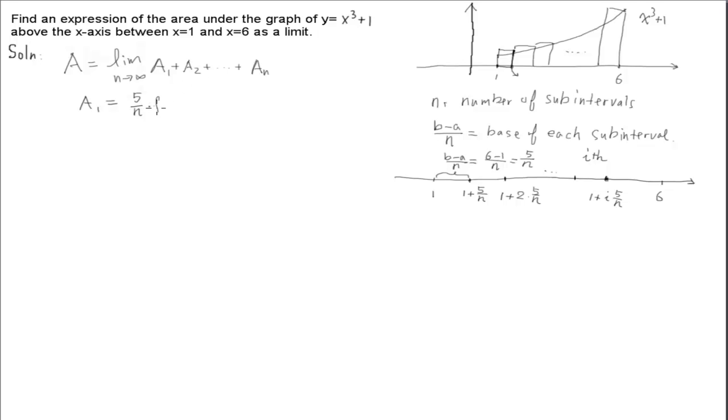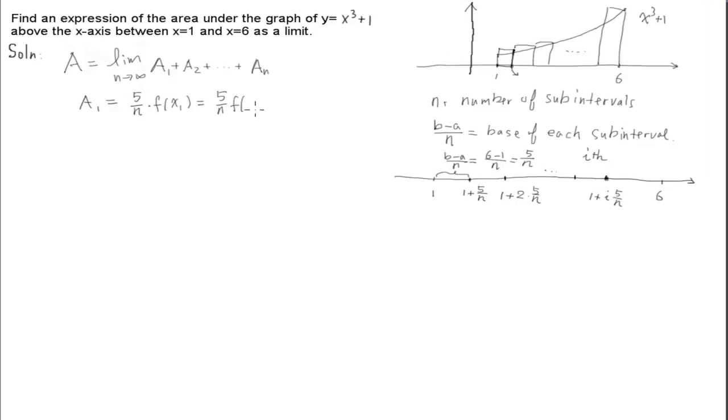So it should be f of x1, where x1, the first right end point, is 1 plus 5 over n.